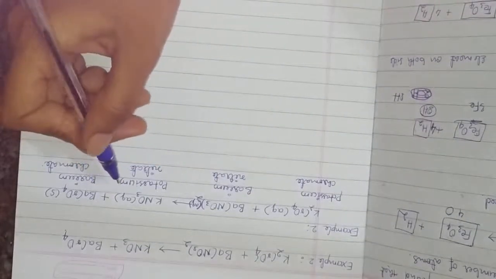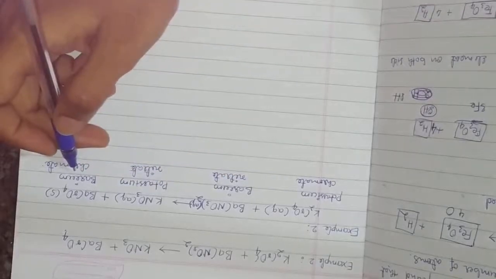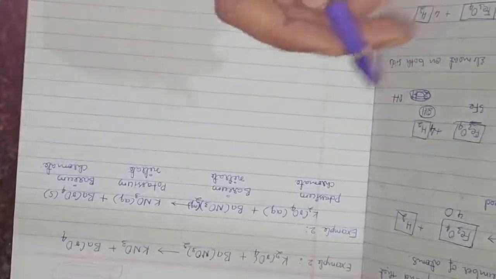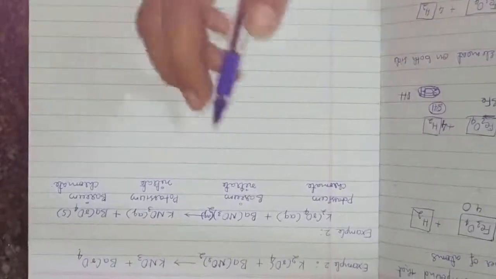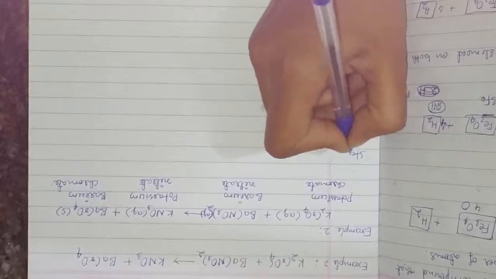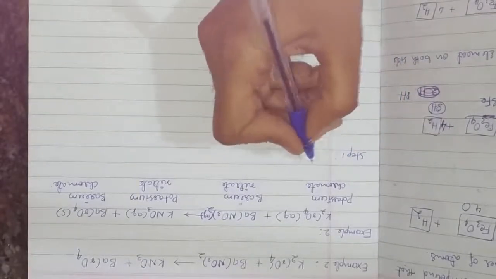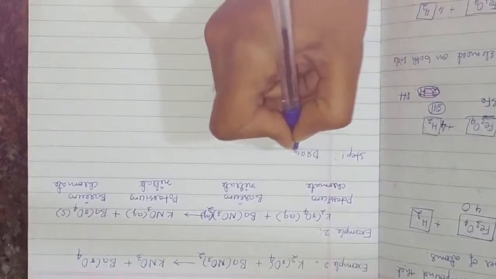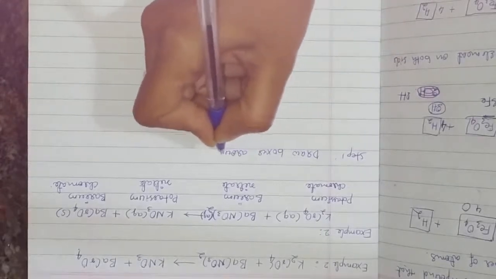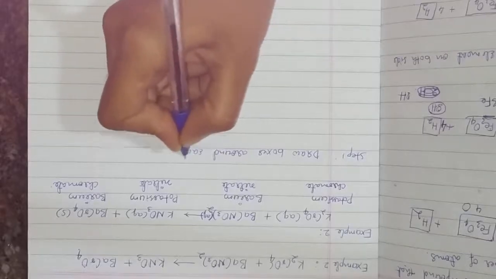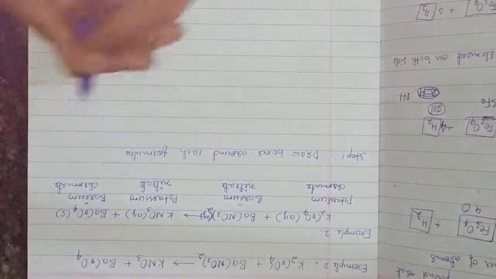So it is very easy to balance this chemical equation. We will follow the same steps. Step 1: draw boxes around each chemical formula.